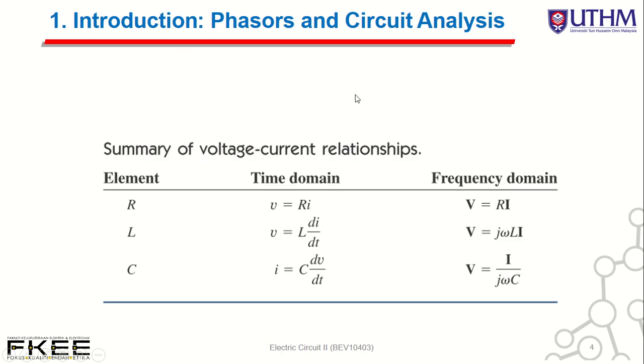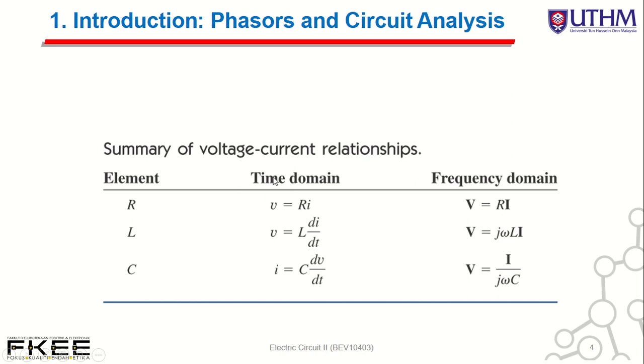Introduction, phasors and circuit analysis. Okay, so in the previous topic we already discussed phasors. This is a summary of the voltage current relationship between circuit elements. Let's say we have R, L and C. In time domain, how do we determine the voltage across R?